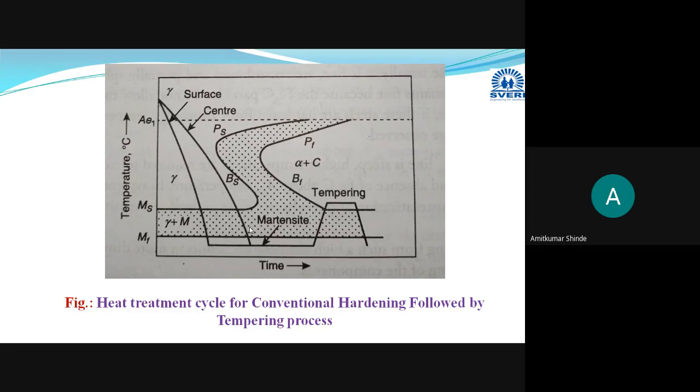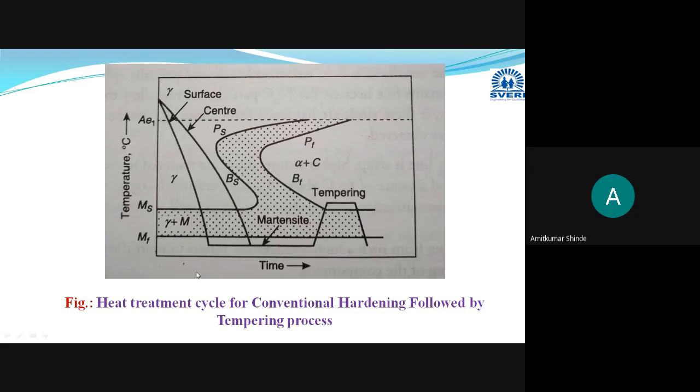Now in this diagram, up to this point only the hardening process will end. From this heating zone, that is austenitized steel, it will be cooled to room temperature by avoiding this nose temperature. That is, cooling will be done at a faster rate than the critical cooling rate.